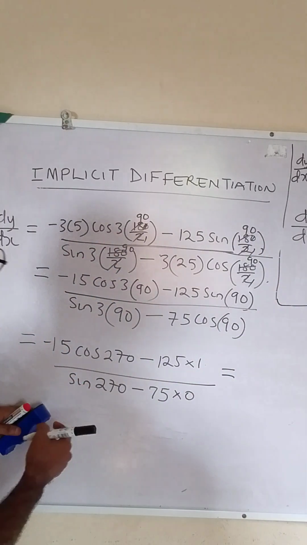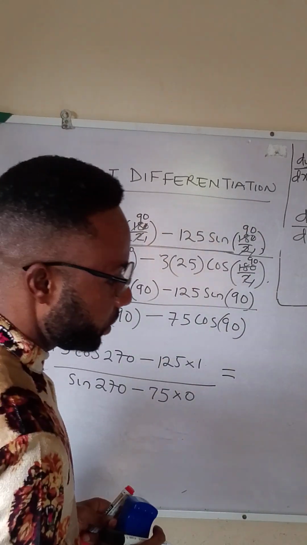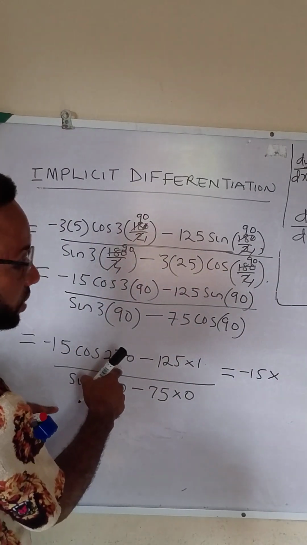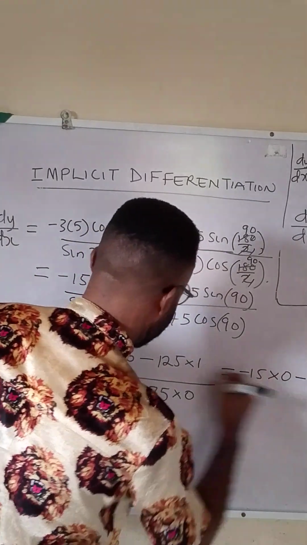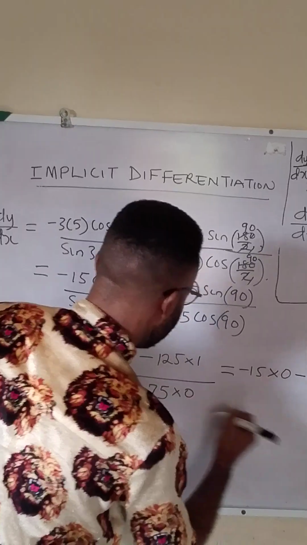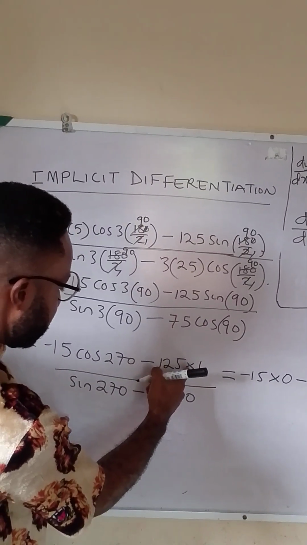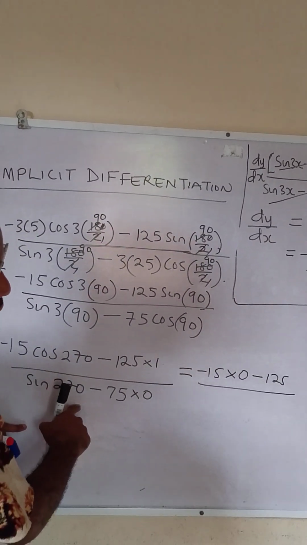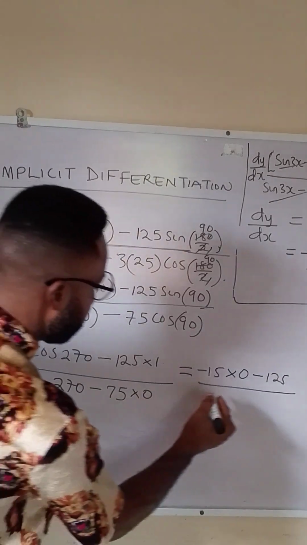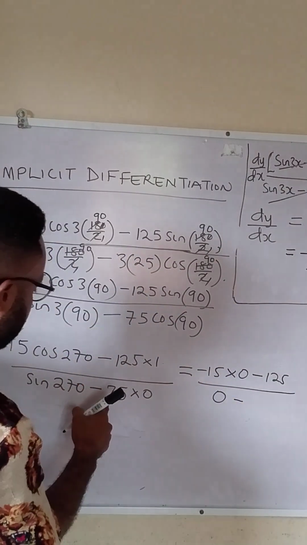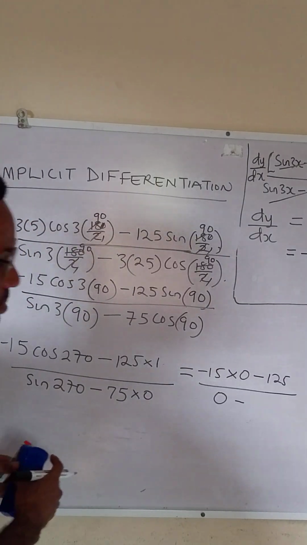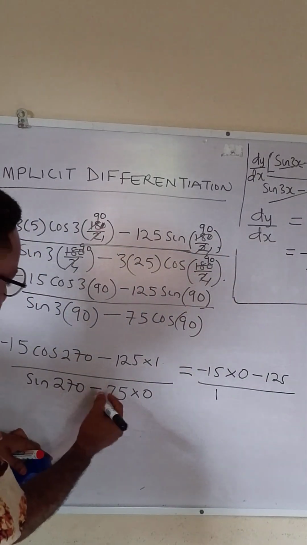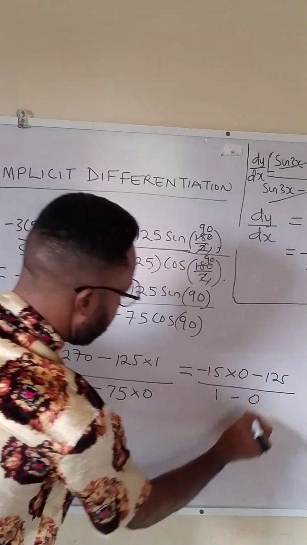So cos 270 is 0, so minus 15 times 0, minus 125 times 1, is 125, divided by sine 270, minus 75 times 0, which will give you 0.